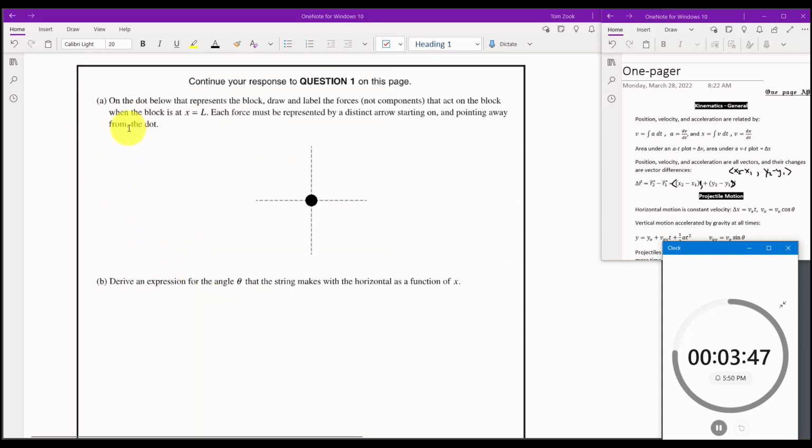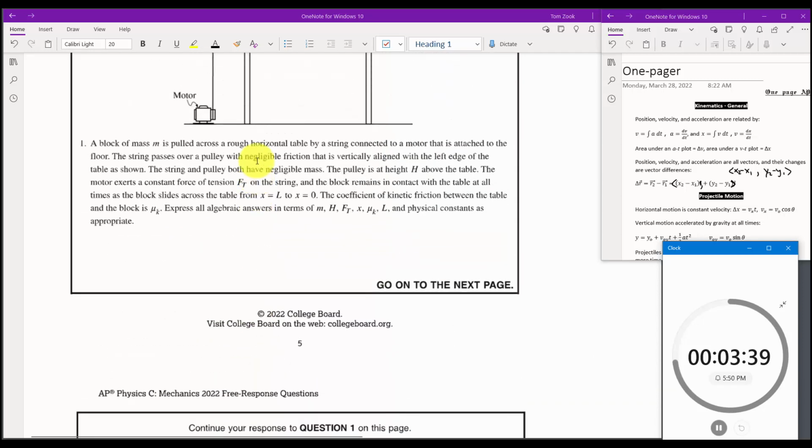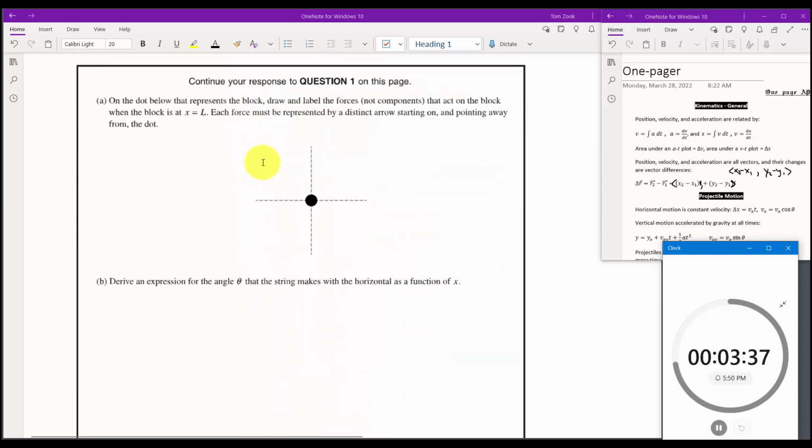Question A. On the dot below, draw all the forces, not components, that act on the block at x equals L. Each force must be represented. Okay, so it should have weight force. Let's go and draw that in here. So we'd have the force M times G. It is being pulled by a string, so there's going to be some tension force there.